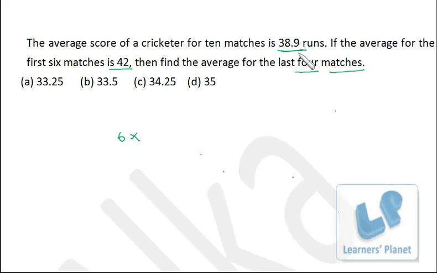See, 42 is more than 38.9, so that is a positive deviation. So it's 3.1, right? Plus I assume the deviation per match is x, so total deviation for 4 matches is 4x, and that's 0, right? So 4x is equal to minus 6 into 3.1.